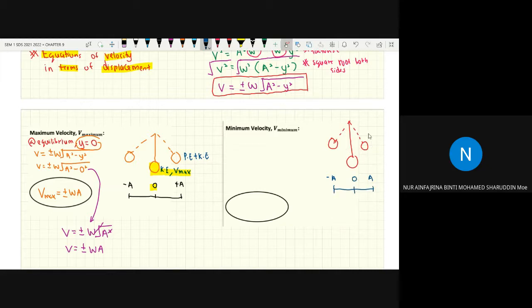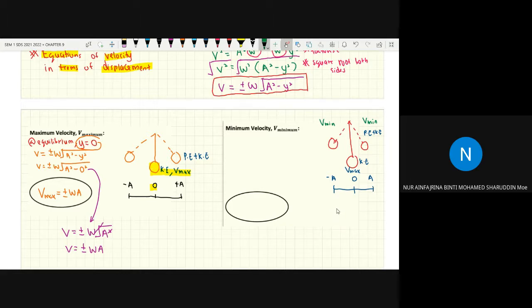And here it is potential energy plus kinetic energy. Here it is only kinetic energy. That's why V is maximum here, but V minimum is here at maximum displacement, at the amplitude.